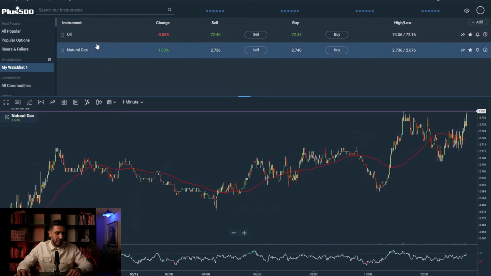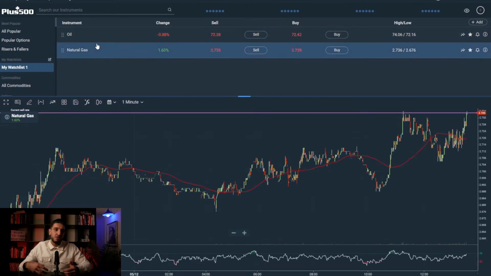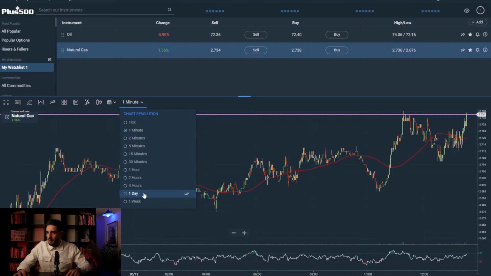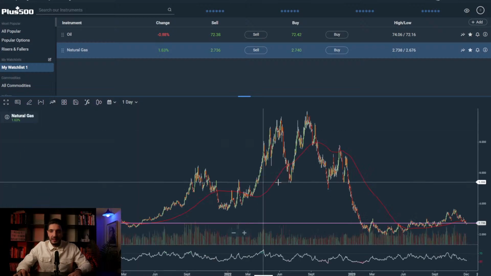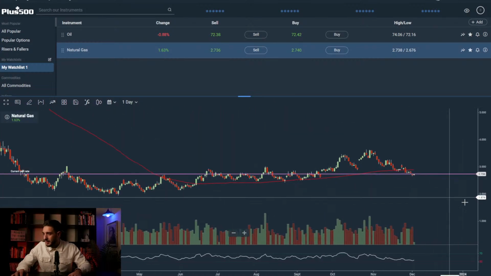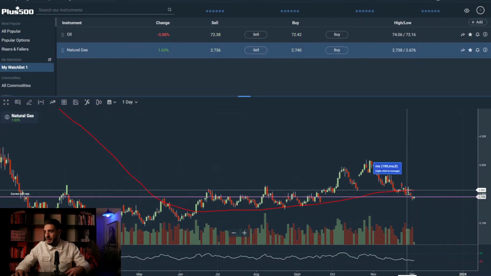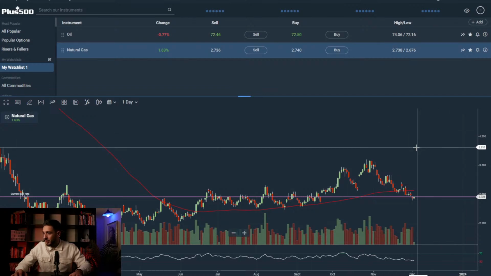Now let's talk about natural gas, and then we'll move into the moving averages, and I'll show you the difference between the 20 moving average and the 100 moving average, and how you can take advantage of that yourself. When it comes to natural gas at the moment, if you look at the daily, we're currently sitting below the MA to start with, the 100 MA being a good indicator on the dailies.